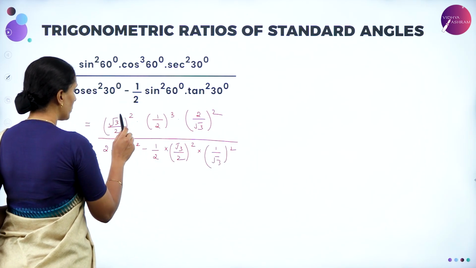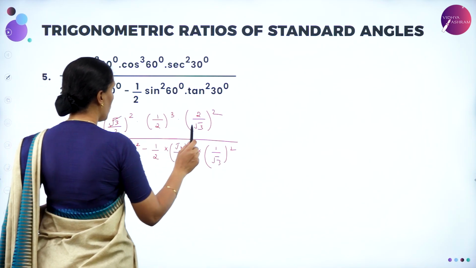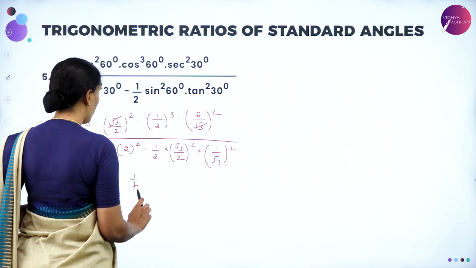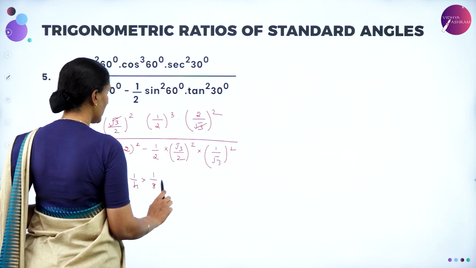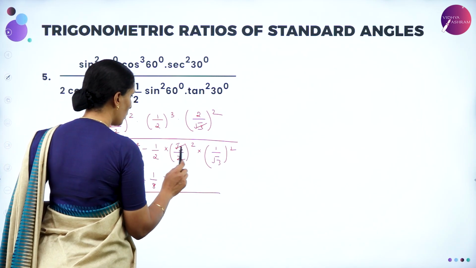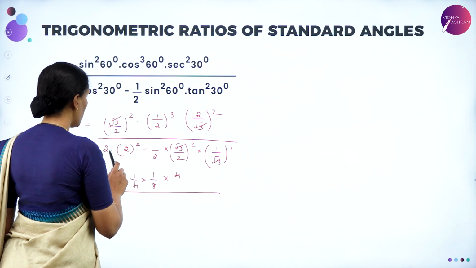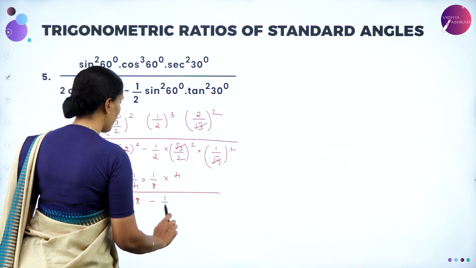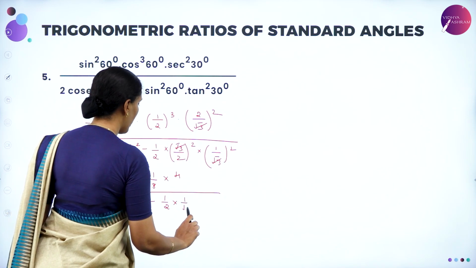So here root 3 whole square cancels. Then we are left with 1 by 4 into 1 by 8 into 4 in the numerator. Again here root 3 square cancels. So 2 square is 4, 2 fours are 8, minus 1 by 2 into 1 by 4.